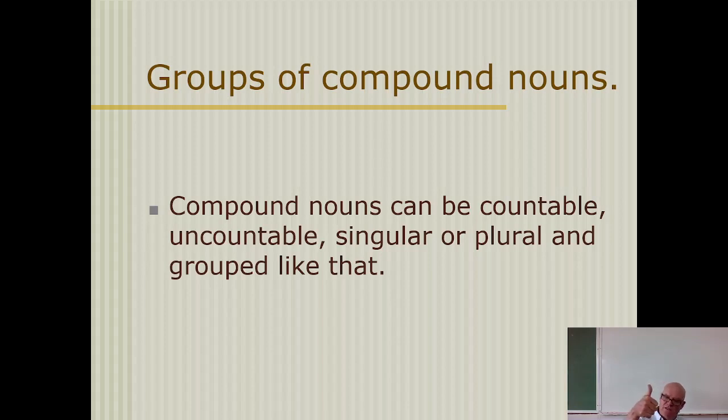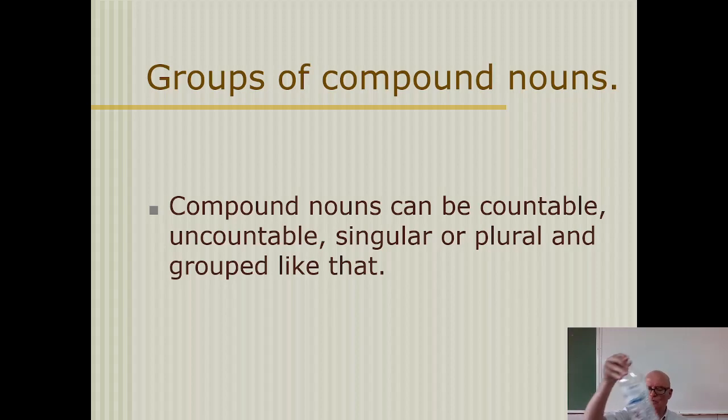Rice is uncountable. Water is uncountable. Air is uncountable. So, friends, books, and people you can count: 1, 2, 3, 4. The other things you cannot count.